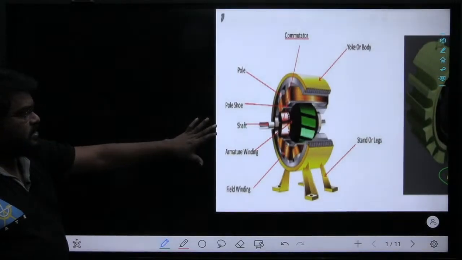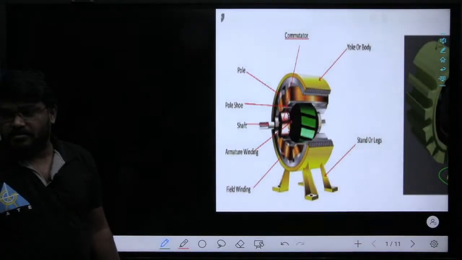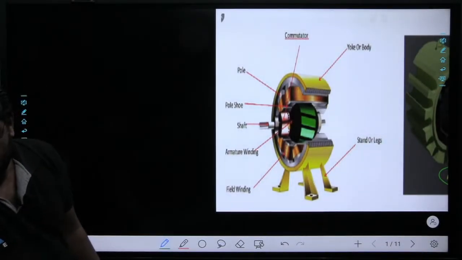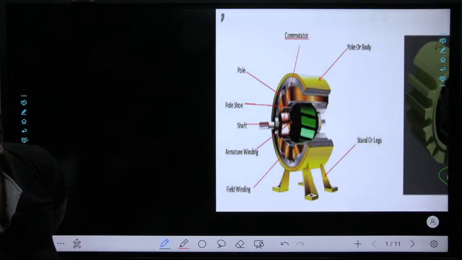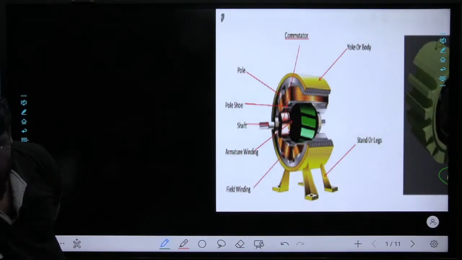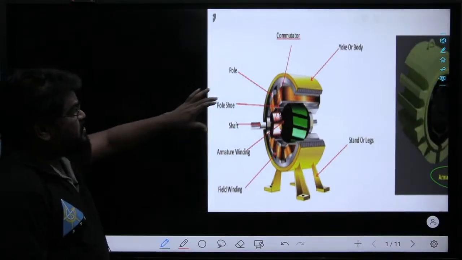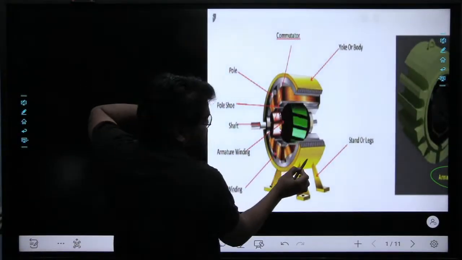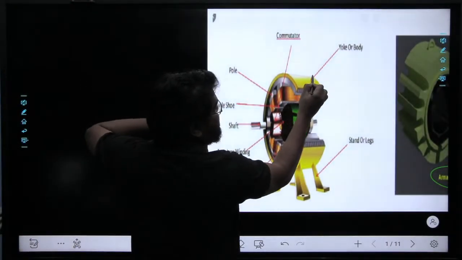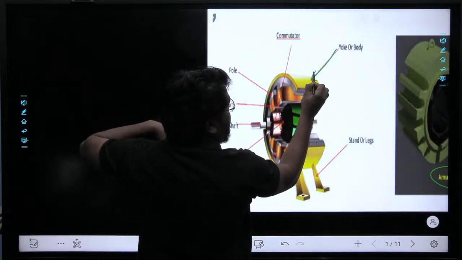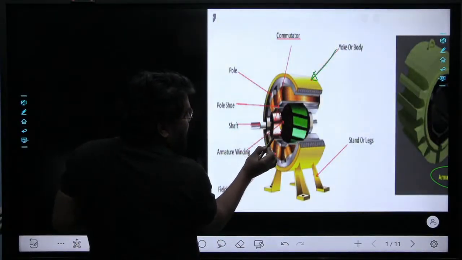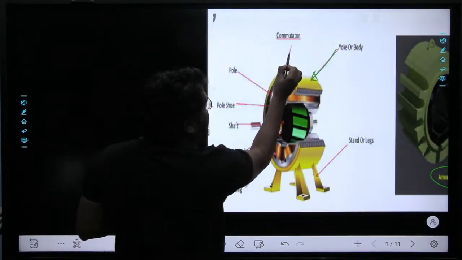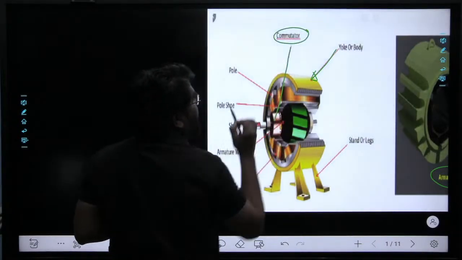Suppose let us take one more diagram. Is it visible now? Okay, so this is a complete stator, this is the yoke of the machine. Here this part is the commutator of the machine.